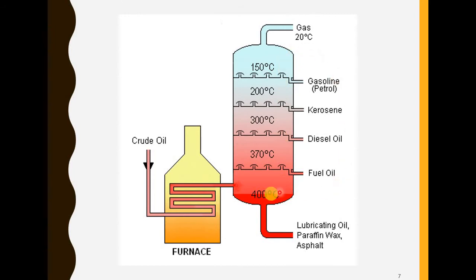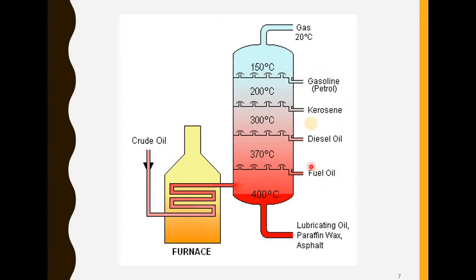Let's look here. Fuel oil will have a 370 degrees C boiling point, diesel 300 degrees C, kerosene 200 degrees C, while gasoline will have 150 degrees C as a boiling point.